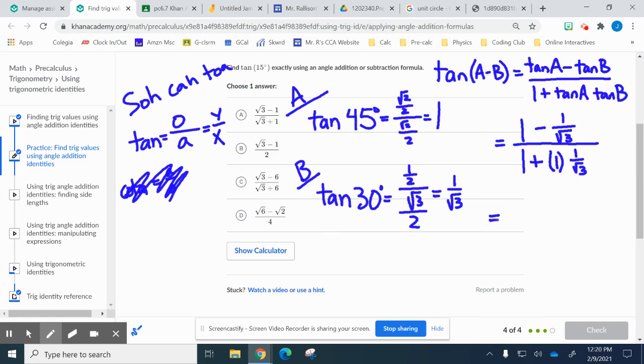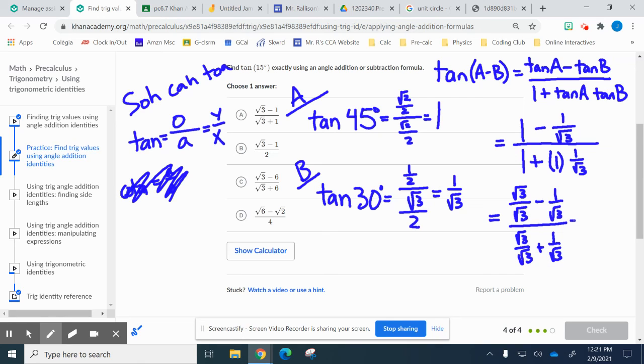So I'm going to put square root of 3 over 3 in for that 1, minus 1 over square root of 3. And then I'm going to put square root of 3 over 3 in for this one too, for that 1 that's on the bottom. And that's going to be plus, and that 1 disappears, of course, 1 over square root of 3.